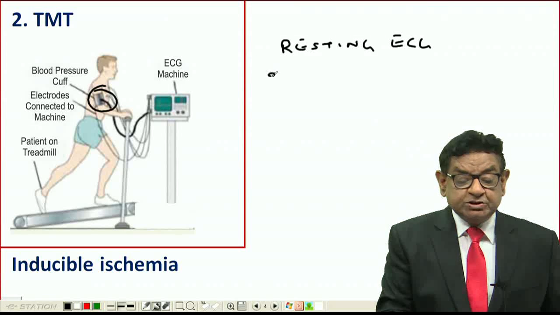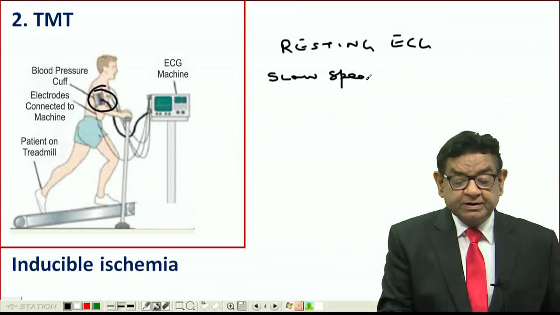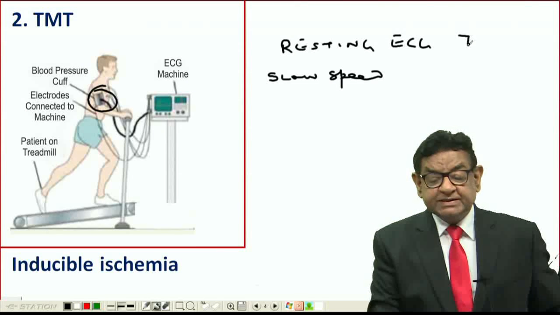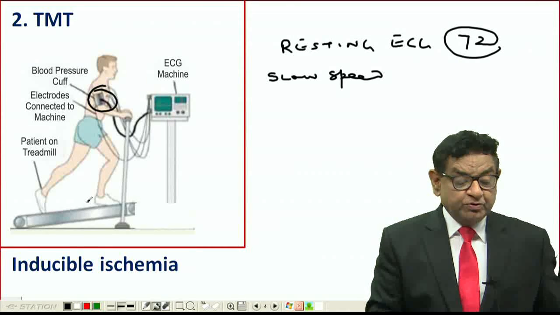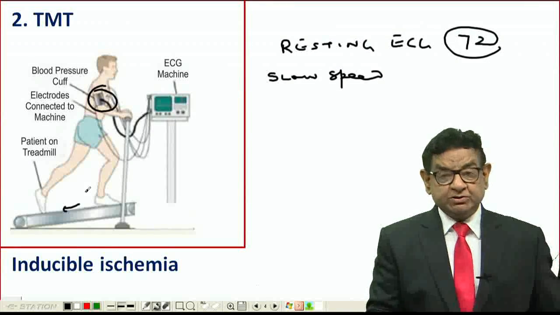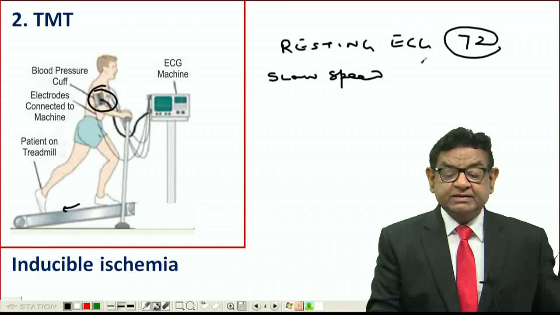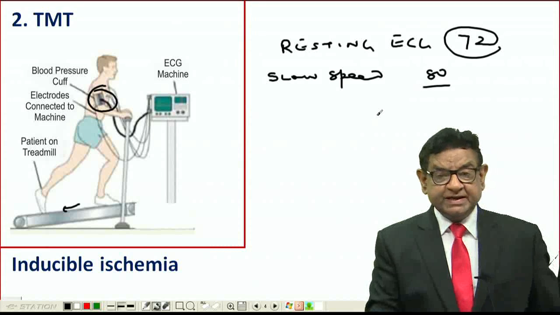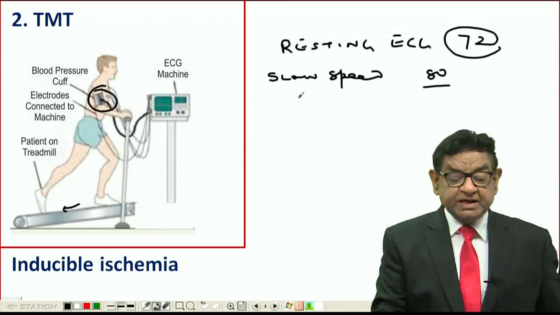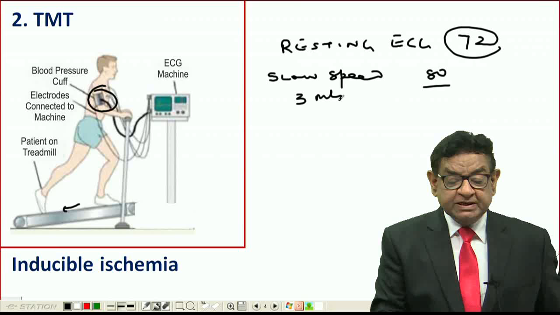The machine starts at a slow speed initially. Suppose the resting ECG heart rate is 72. As the belt moves, the patient has to move automatically. Now the heart rate will definitely increase, maybe 80, 85, and this machine runs for 3 minutes.